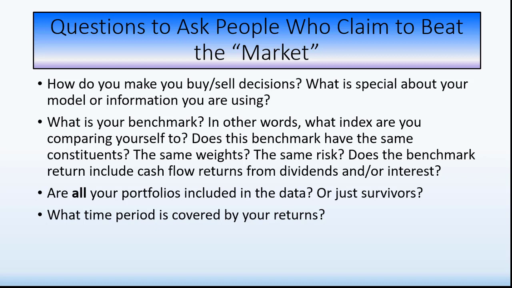And then after a while, they miss some calls, they miss some predictions, and whatever skill they had or whatever pattern that they were finding that worked for them disappeared. So the point is, in hindsight, they may look really good, but you really don't know what's going to happen in the future.